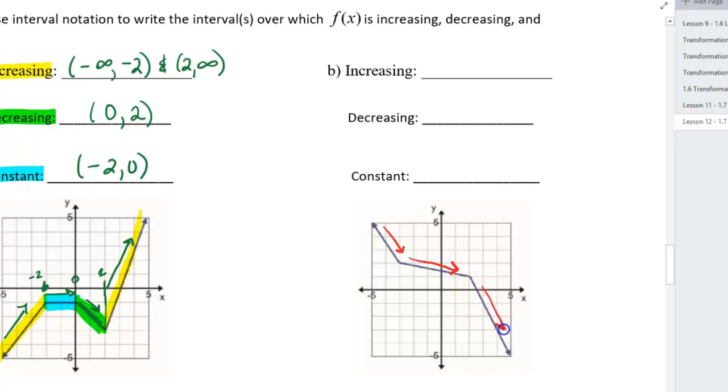And he's also going down here. So on every value of x, y is getting smaller and smaller, sometimes more quickly than others, but it's still decreasing. So we would say it's decreasing everywhere. So from negative infinity to infinity, it is not increasing, and it is not constant anywhere.